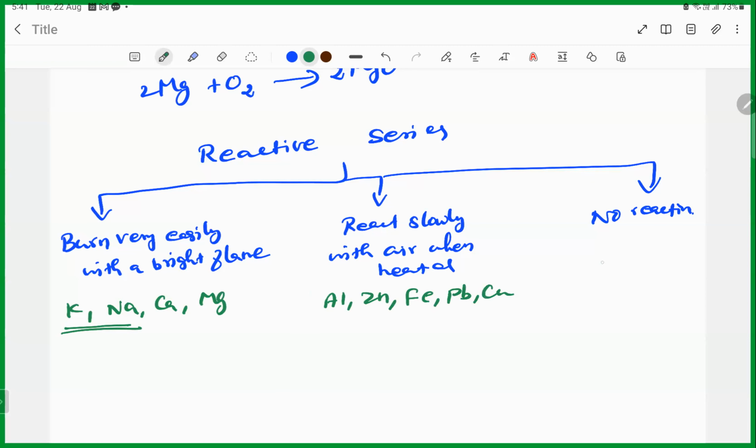No reaction: gold and silver. Aurum is gold, argentum is silver. They will not react with oxygen. This is the reactivity. And another property.